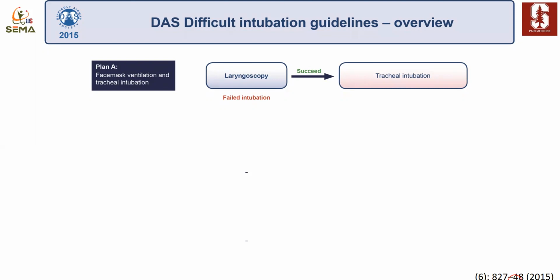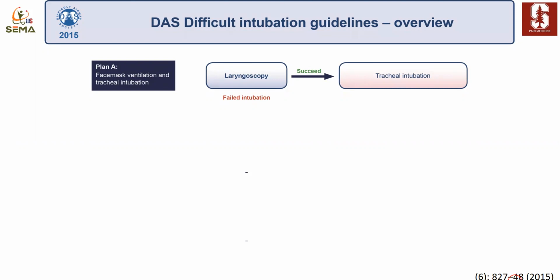So this is the DAS, the Difficult Airway Society. They published their guidelines in 2015. And they divided their algorithm into 4 plans. Plan A considers face mask ventilation and tracheal intubation. So you put in the laryngoscope. If you are successful, you intubate the patient, that's it.